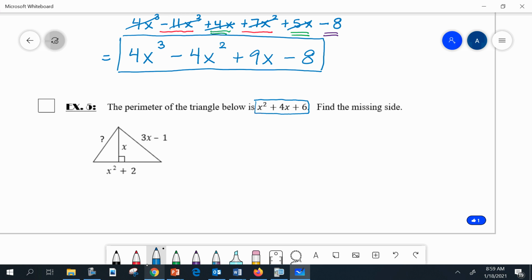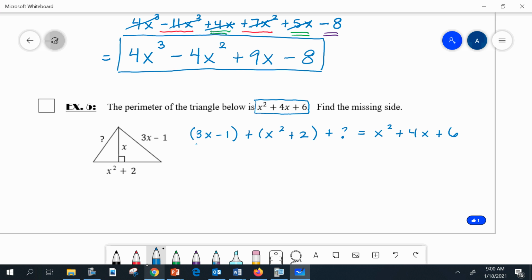So what we're going to do is we're going to take all three sides. So if I take 3x minus 1 and I add that to the side that's given, x squared plus 2, and then I add that to this question mark, which is that side I don't know, I know that all three sides will add up to the given perimeter x squared plus 4x plus 6. Okay?